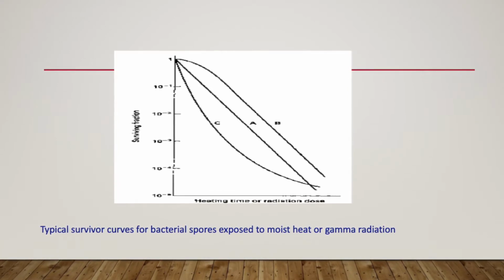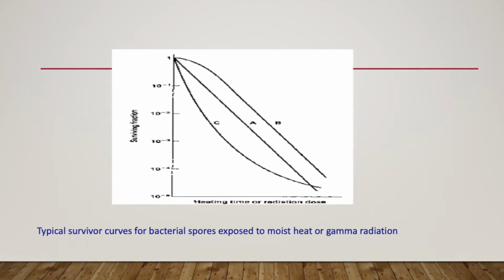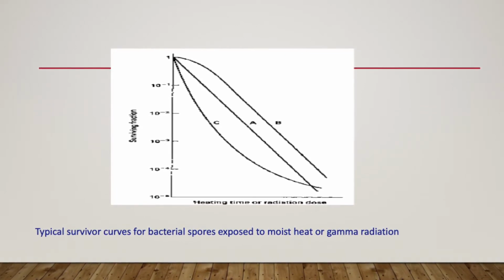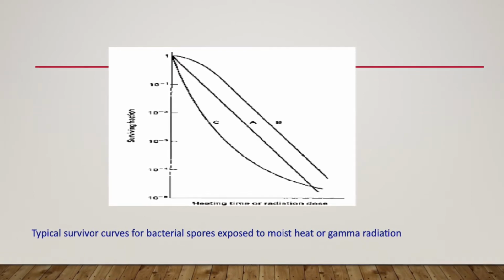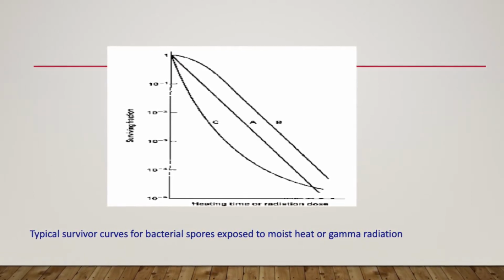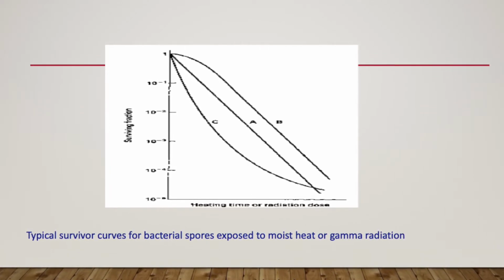Now, if it is a little bit modified, or a shoulder is created, that is shown by B. And if it is killing at a low survival rate, meaning the survival rate is a little bit low, you can see the curve going down, and that is labeled as C.